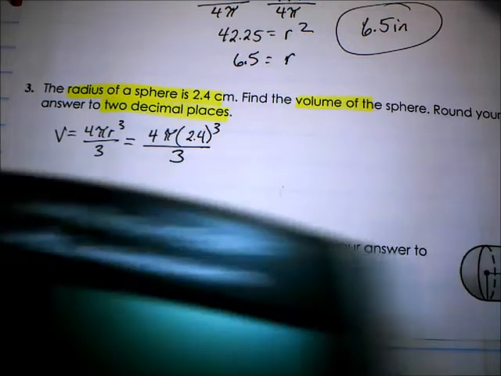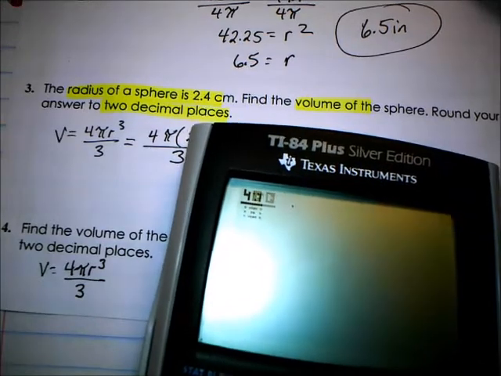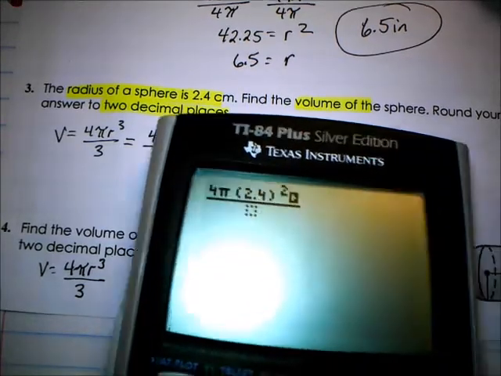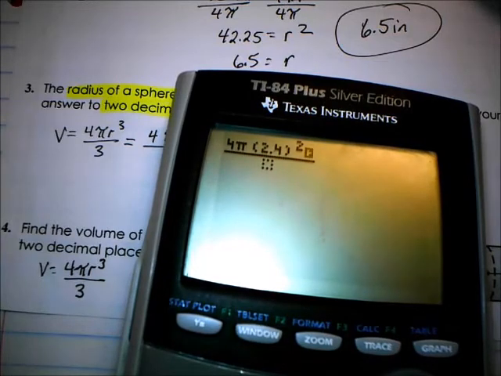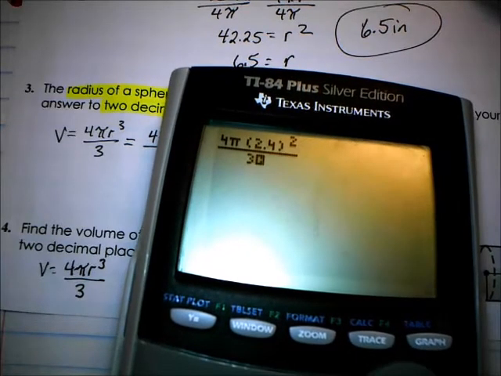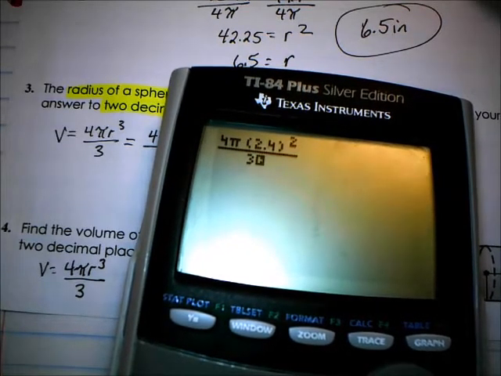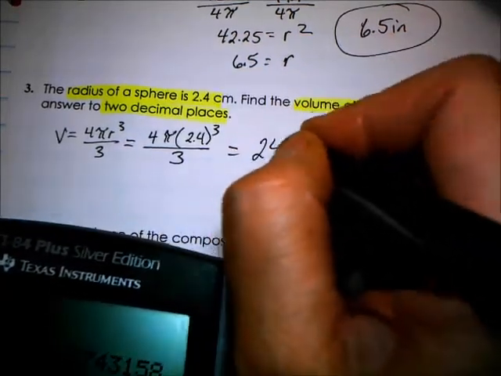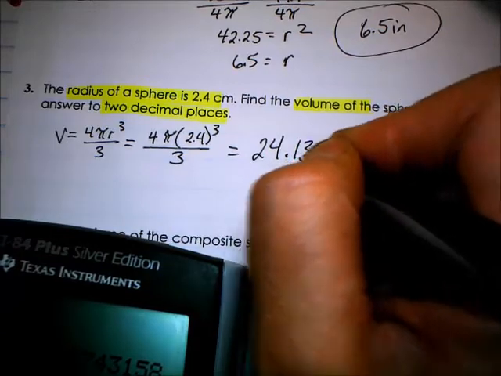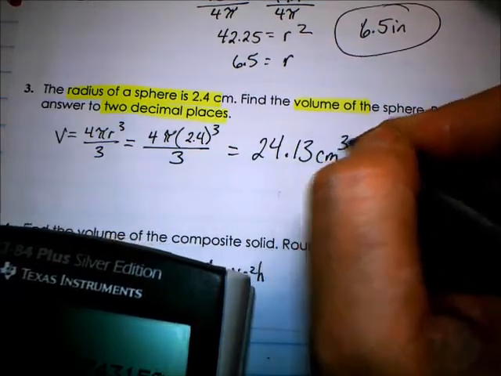It'd be 4 pi times 2.4 squared divided by 3 equals, and this should be 24.13 centimeters cubed should be your answer there.